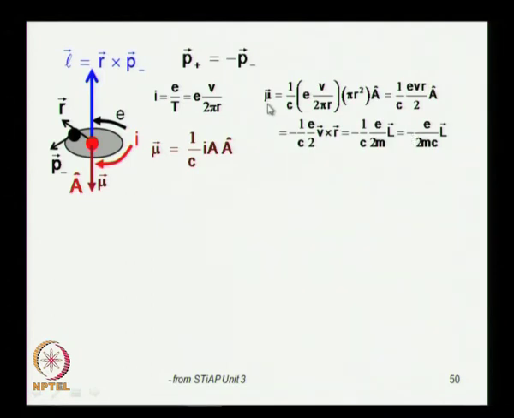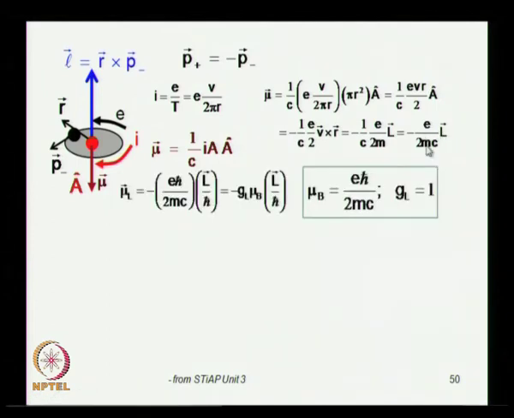So this magnetic moment is proportional to the orbital angular momentum vector, and this is the proportionality. You can multiply this factor by h cross and divide by h cross, so you can write the angular momentum in units of h cross, essentially that is what you have done. What it gives you is the proportionality which is referred to as the Bohr magneton.